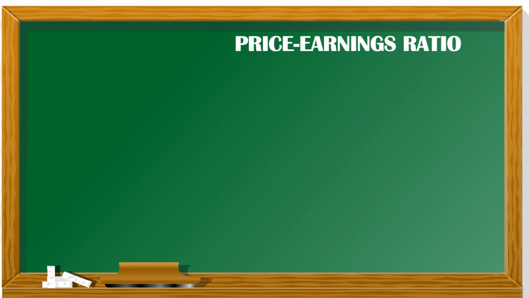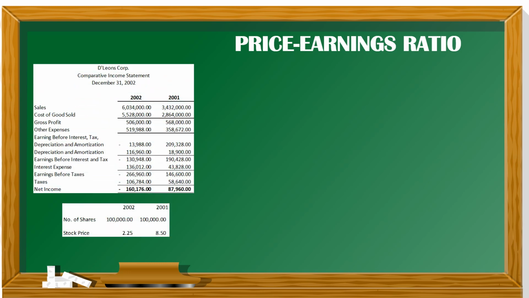First, we're going to have the first type of market value ratio, that is the price earning ratio. Now, the price earning ratio again is the price that an investor is paying for every peso of a company's earning or profit. The formula for the price earning ratio is the price per share divided by the earnings per share.